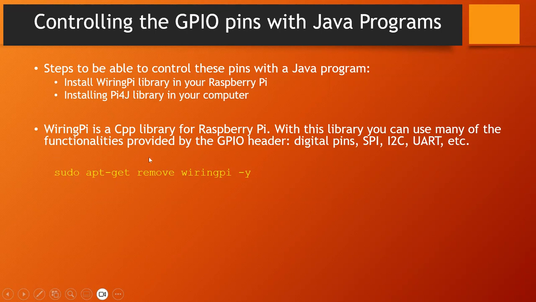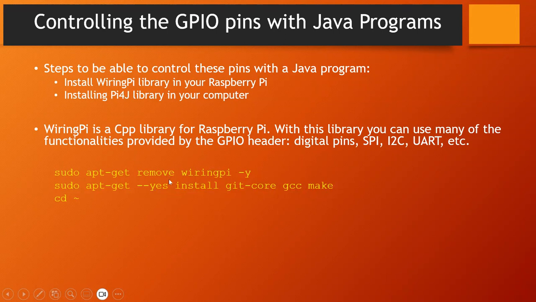All these commands are in the Raspberry Pi terminal window. So you give this sudo apt-get remove wiringpi -y here. And then you give the second command, sudo apt-get --yes install git-core gcc make. And I'm not going to go into details on any of this.